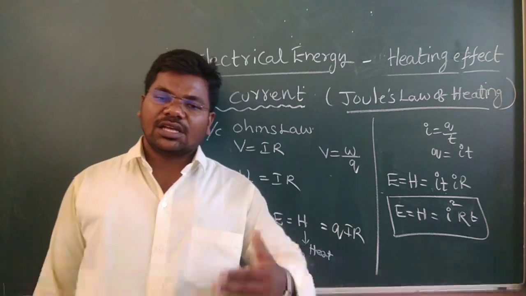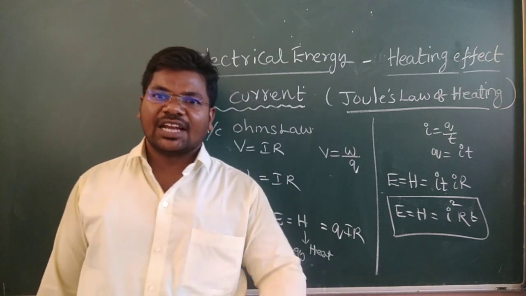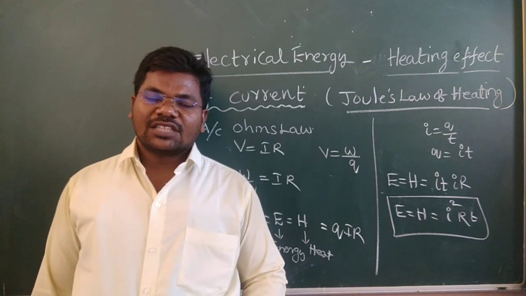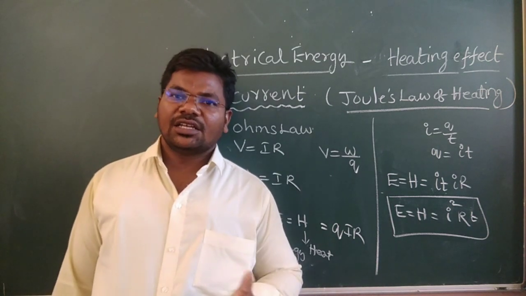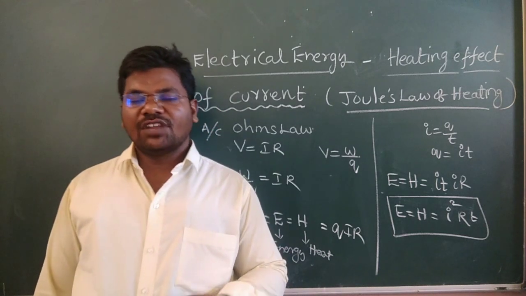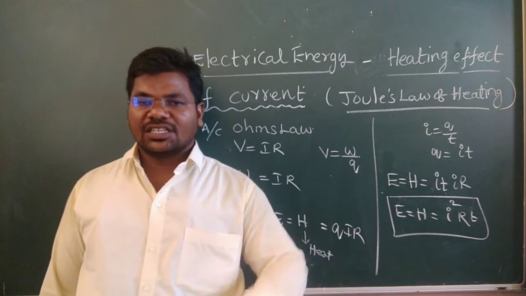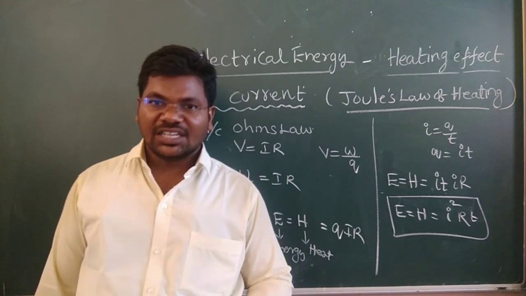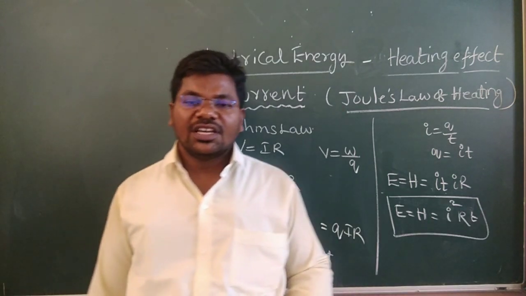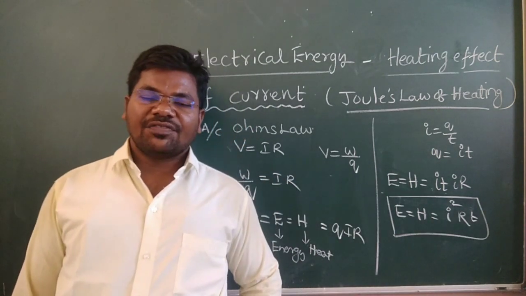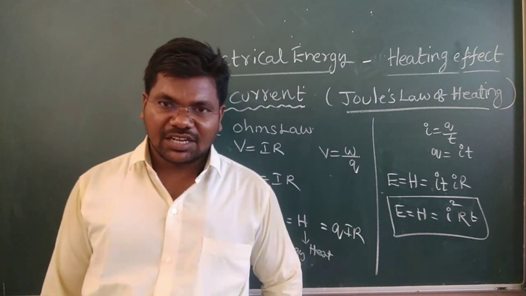This electrical energy is dissipated in the form of heat energy. Like a filament: if we send current through a filament, its temperature increases, meaning it produces heat. This effect is called the heating effect of electric current.